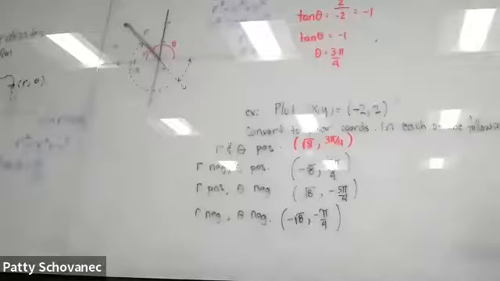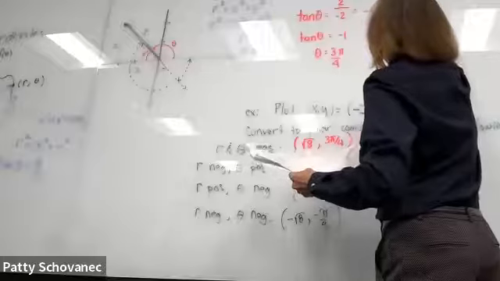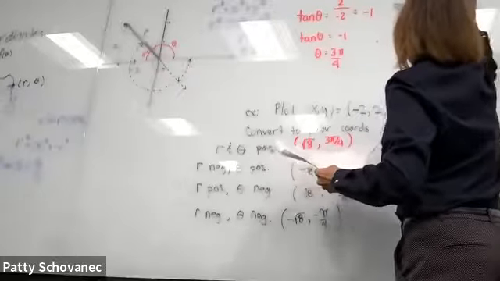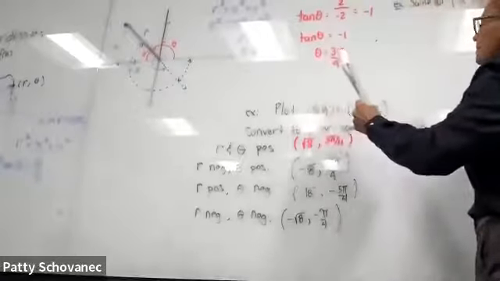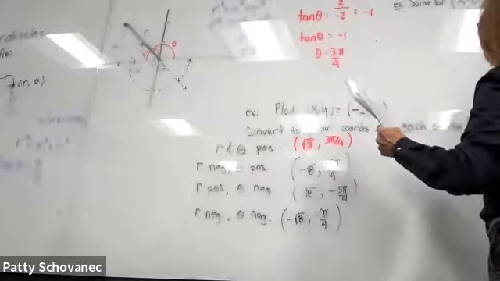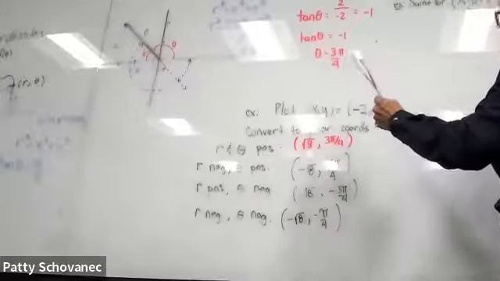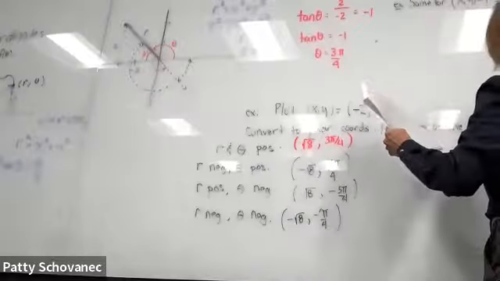We already did a quadrant 2, so let's do the same. For our rectangular coordinates, x, y will be positive 5 square root of 3 over 2 and negative 5 halves.